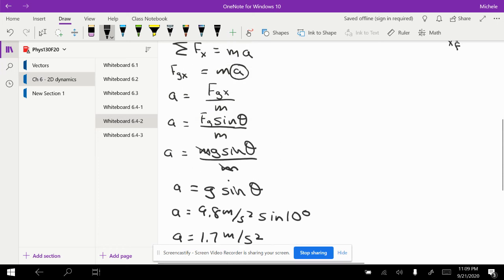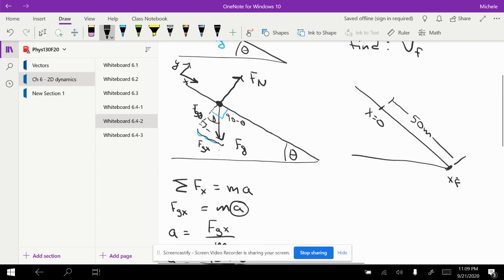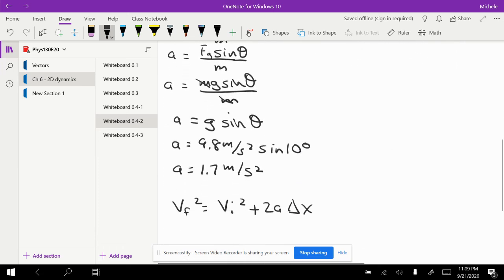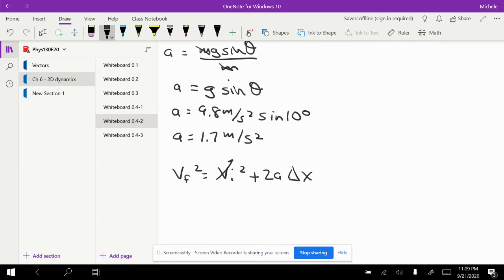My skier starts right here at a speed of 0, then heads down the hill and gains speed as she goes, so my initial velocity is equal to 0 and I can cross this out.